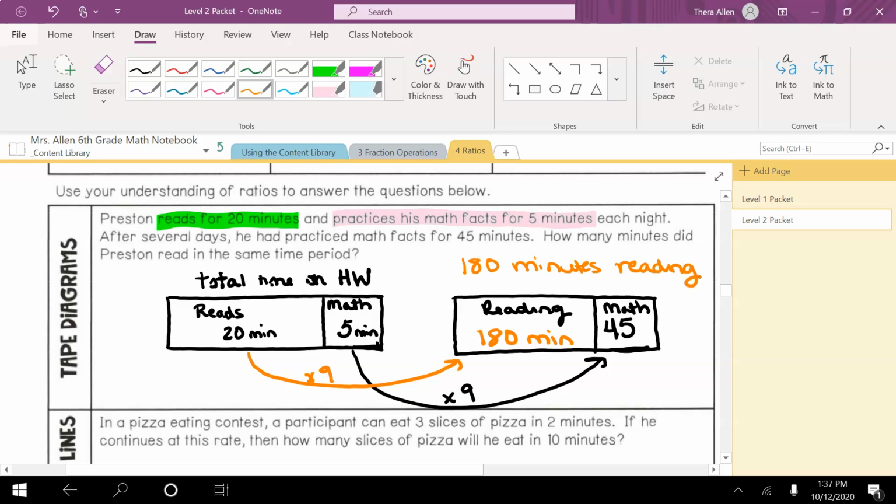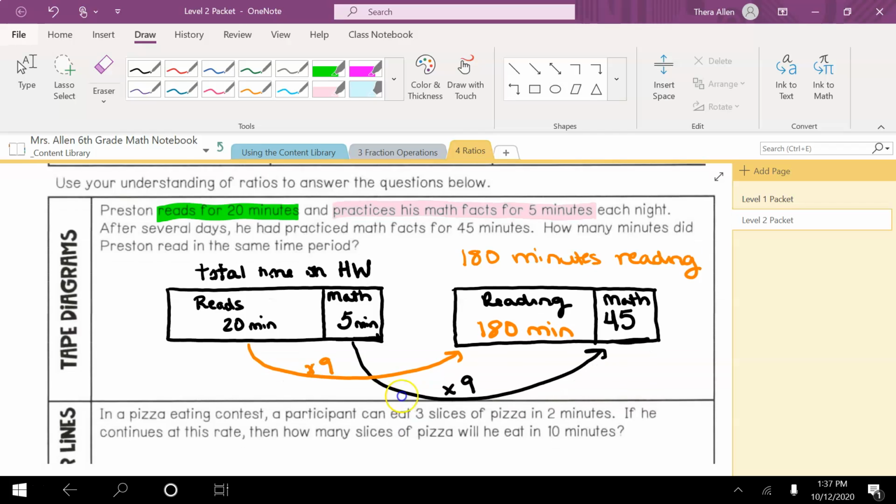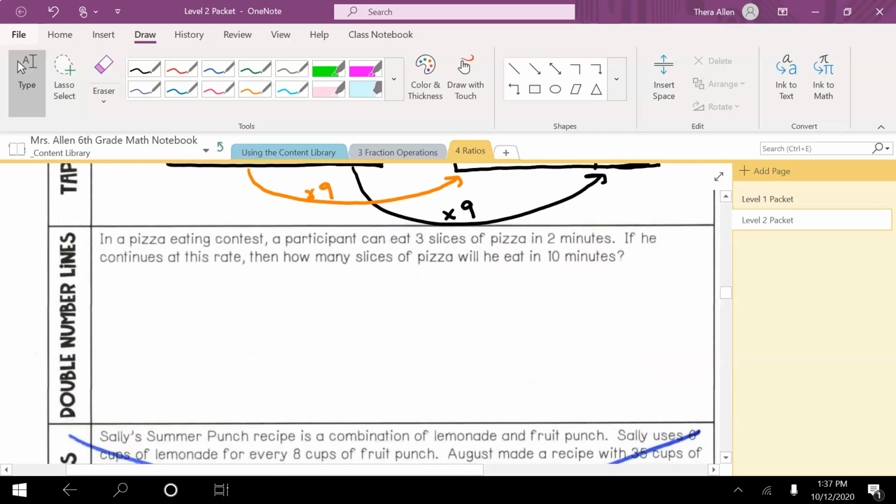And you're going to be watching a video on Khan Academy about tape diagrams and a separate video about double number lines. And here is our double number line problem. In a pizza eating contest, a participant can eat 3 slices of pizza in 2 minutes. Wow.